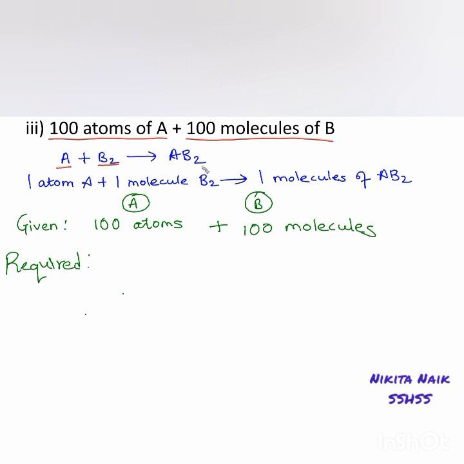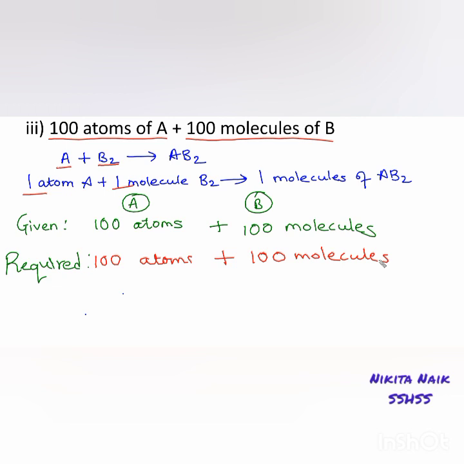We know that 1 atom of A requires 1 molecule of B. So 100 atoms will require 100 molecules of B. So the exact quantity is given to us.